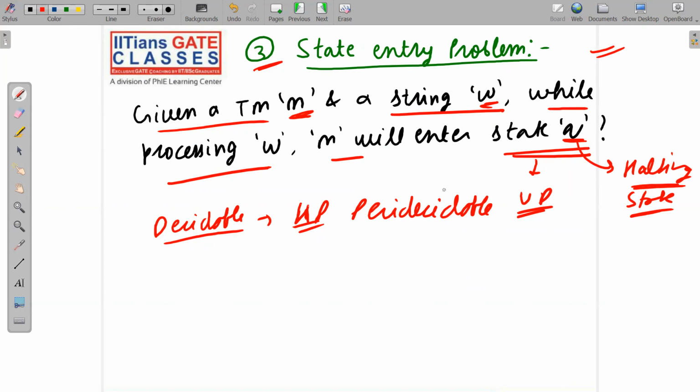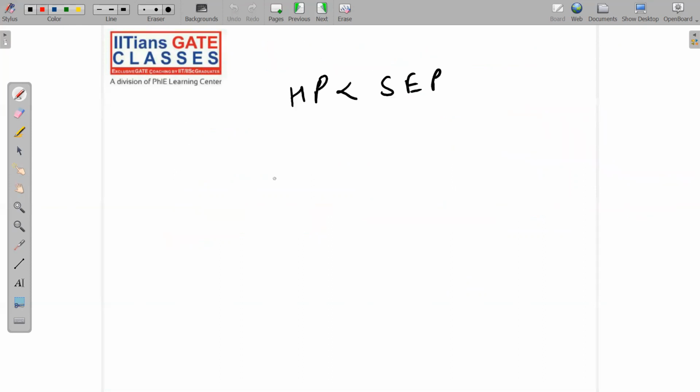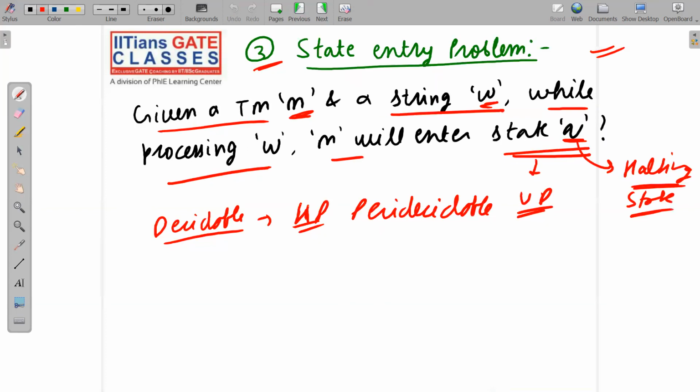Again, I'm not going into a proper proof because this is a basic course, not an advanced course. I have given you a small hint that the halting problem will be reduced to the state entry problem. There can be many states, and from all these states we can have a move to a halting state.